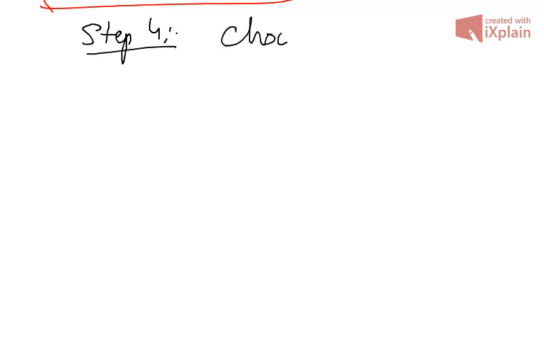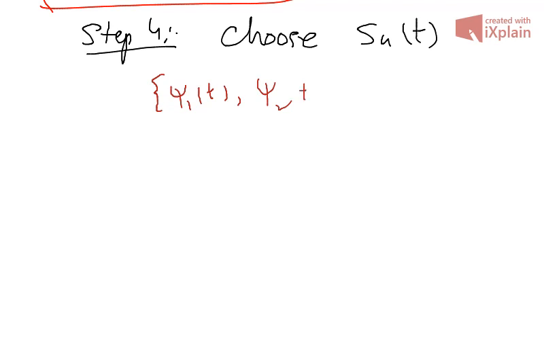Choose S4 of t. Now we have three basis functions, three orthonormal signals already in the set. We already have psi 1 of t, psi 2 of t, and psi 3 of t. We already have these basis functions.